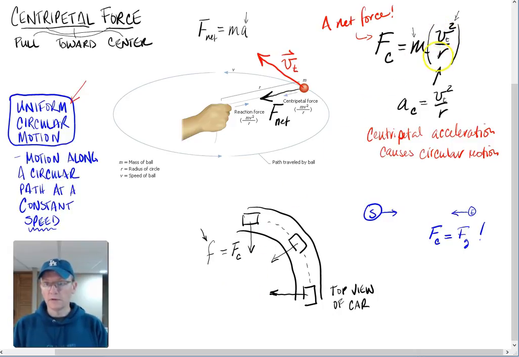However, let's look at these two things. Let's say you take the turn too fast. Okay, so you're going too fast around the corner. Look what happens. If this is too large, then that makes the centripetal force very large because it's the speed squared.